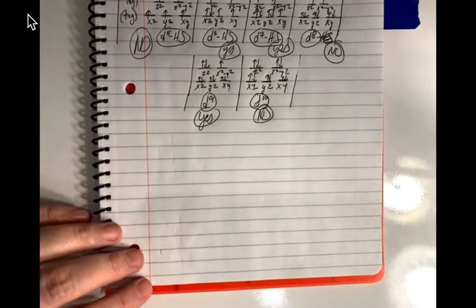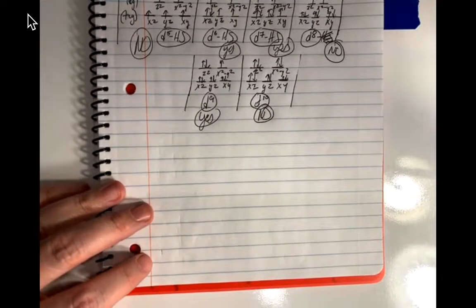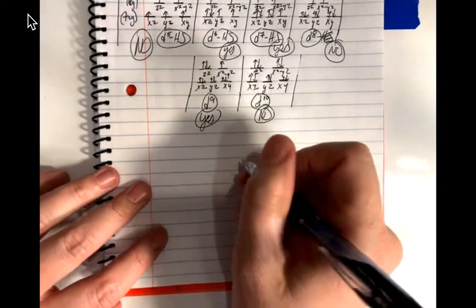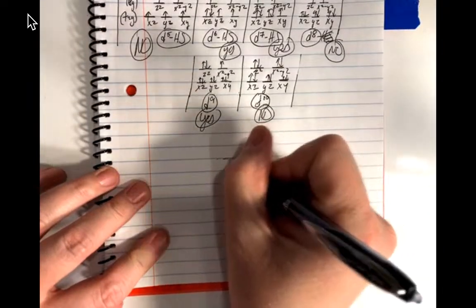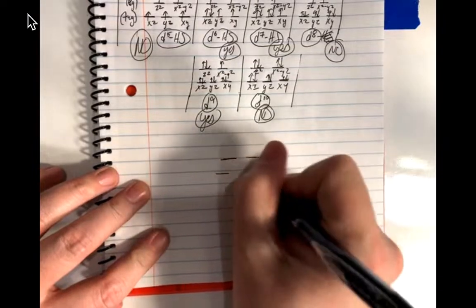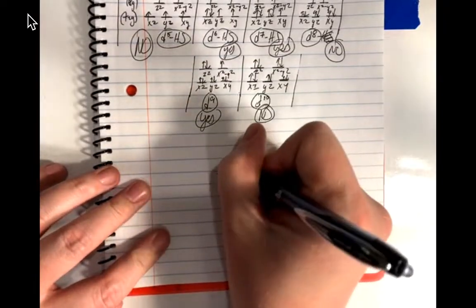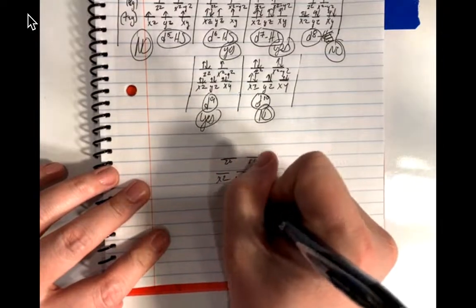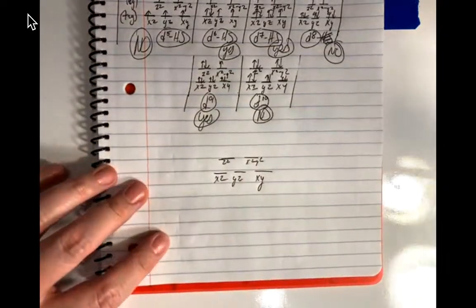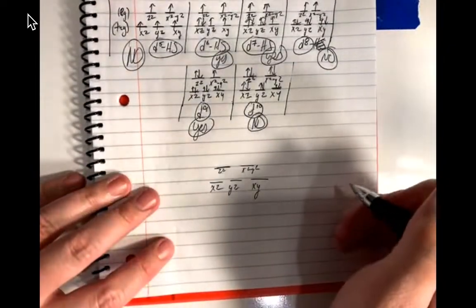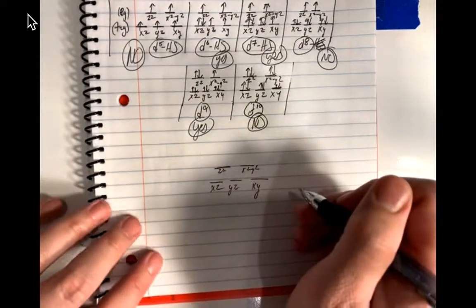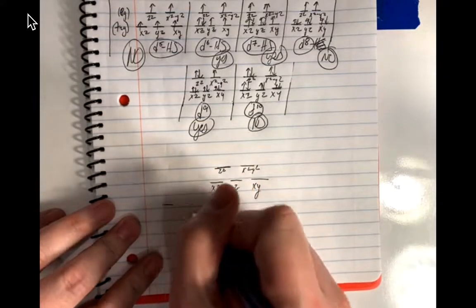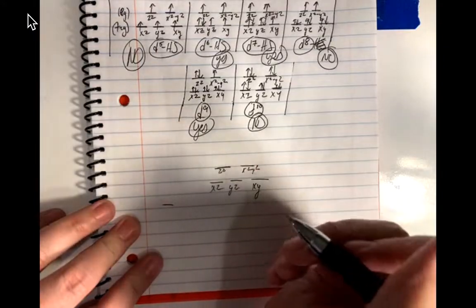So to remind you from the earlier video what these distortions are doing, starting with our octahedral levels, if we do a compression, everything with a z component will go up in energy, everything without it will go down.